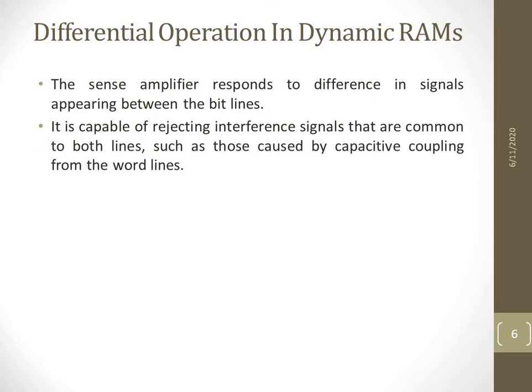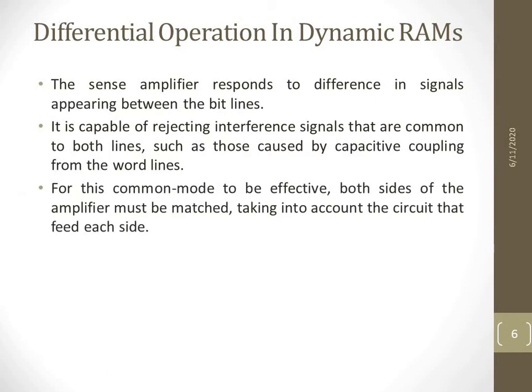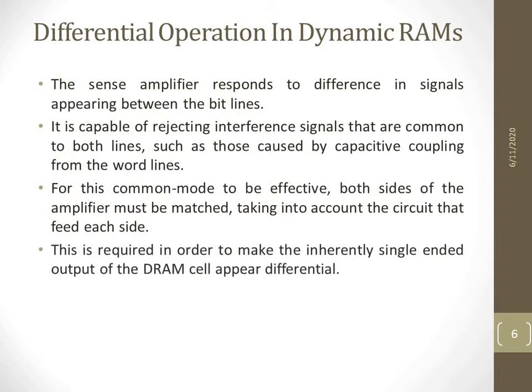It is capable of rejecting the interference signals that are common to both lines, such as those caused by capacitive coupling from the word lines. For this common mode rejection to be effective, both sides of the amplifier must be matched, taking into account the circuits that feed each side.